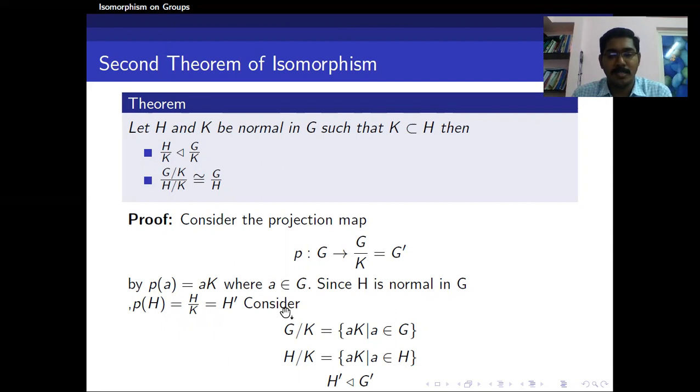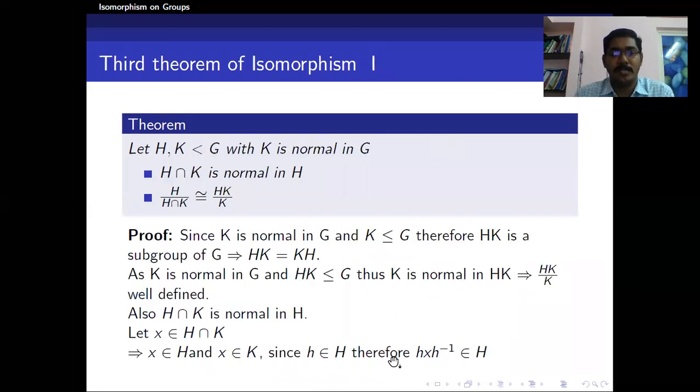H dash. Consider G over K equal to the set of all left cosets aK such that a belongs to G, and H over K equal to the set of all left cosets aK where a belongs to H. Here in the first set, a belongs to the group G, in the second set a belongs to the group H. So obviously H dash is a normal subgroup of G dash.